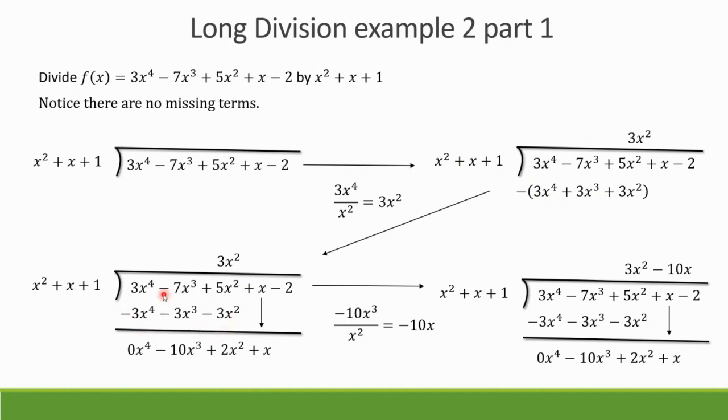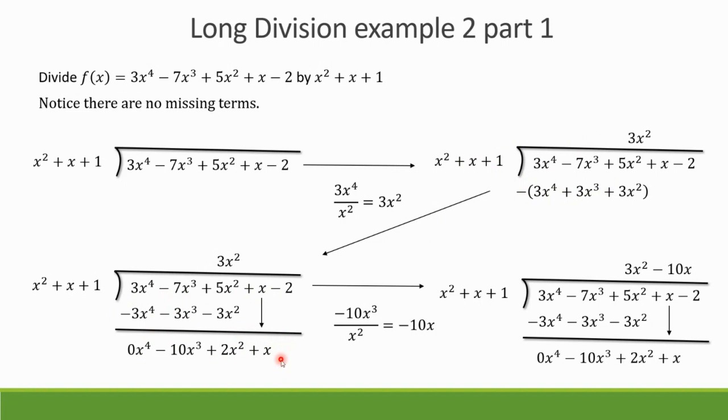And when you do that, what happens? The x to the 4 goes bye-bye, essentially, because the difference is just 0x to the 4. Minus 7x cubed minus 3x cubed, that's minus 10x cubed. 5x squared minus 3x squared, that's 2x squared. Then we bring down the next term. That's what the x is here.